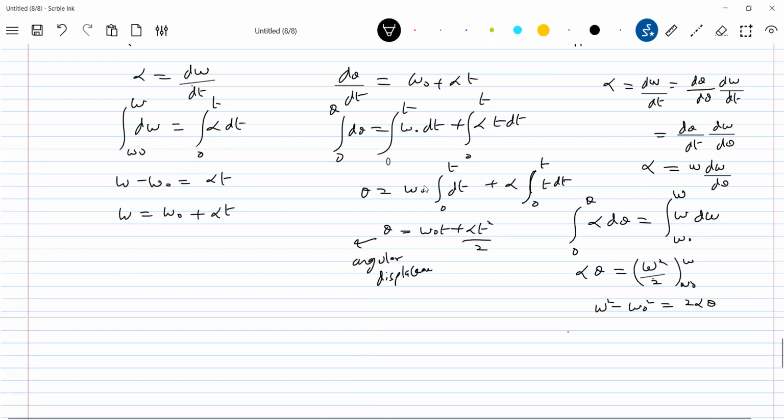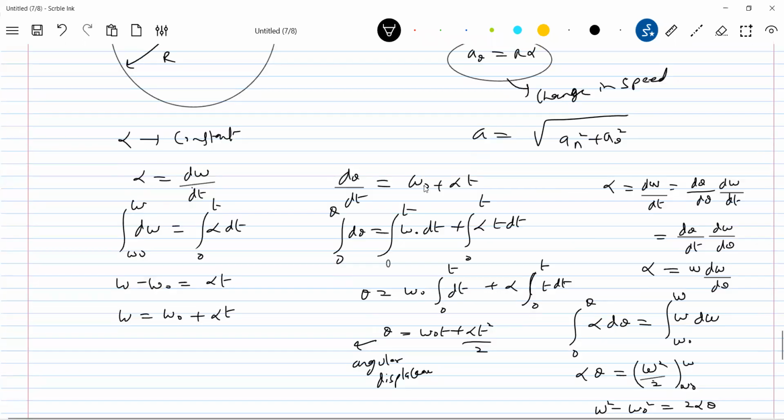s equal to ut plus half at square, v equal to u plus at, then v square minus u square equal to 2as. In place of that, there it was linear motion. This is for angular motion. So how alpha, omega, theta are related when alpha is constant. These are called equations of curvilinear motion or equations of motion for circular motion.